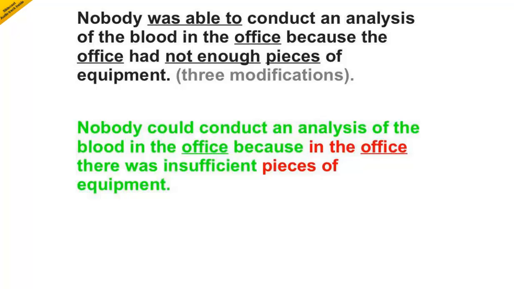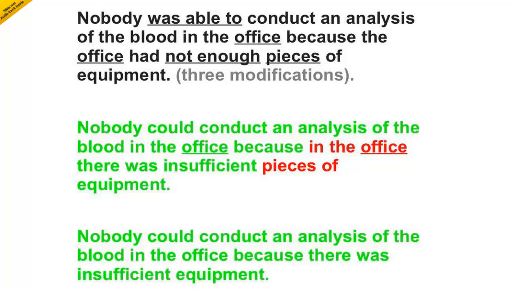We've got a negative construction. We can look for the Latin verb that means something similar, which is sufficient. The negative form of sufficient is insufficient. And what we have is, because there was insufficient equipment. Alright? Nobody could conduct an analysis of the blood in the office because there was insufficient equipment.